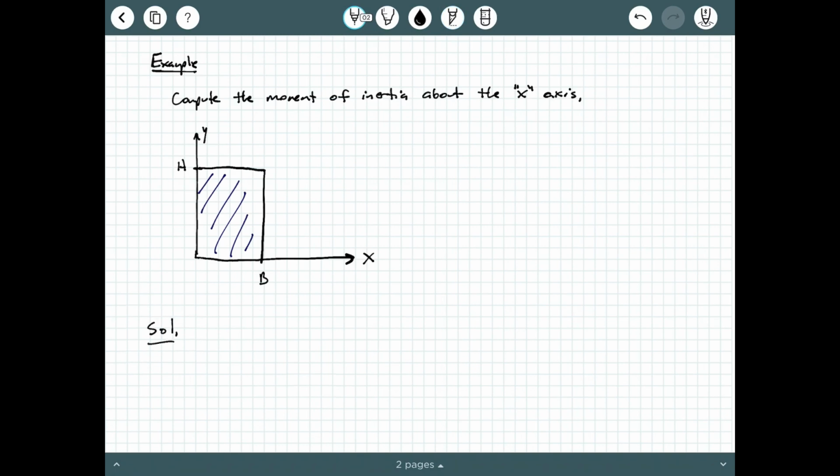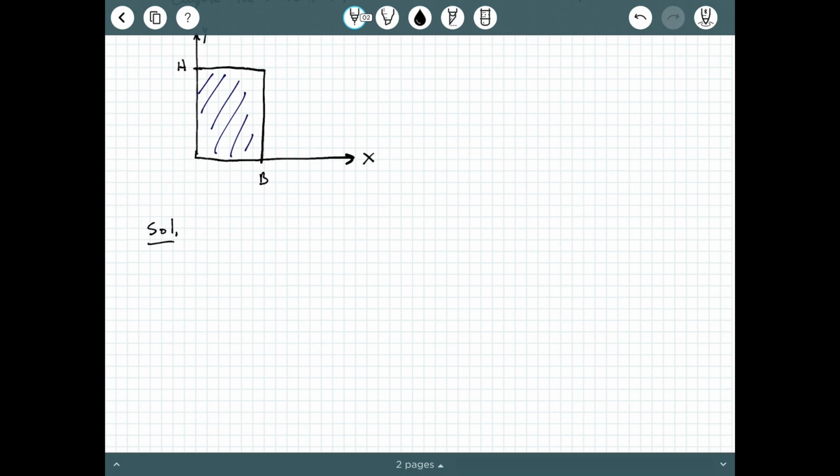The first thing we want to make a note of is it's best to orient our dA slice parallel to the axis that we want to compute I about. So we're going to say orient dA parallel to the x-axis.